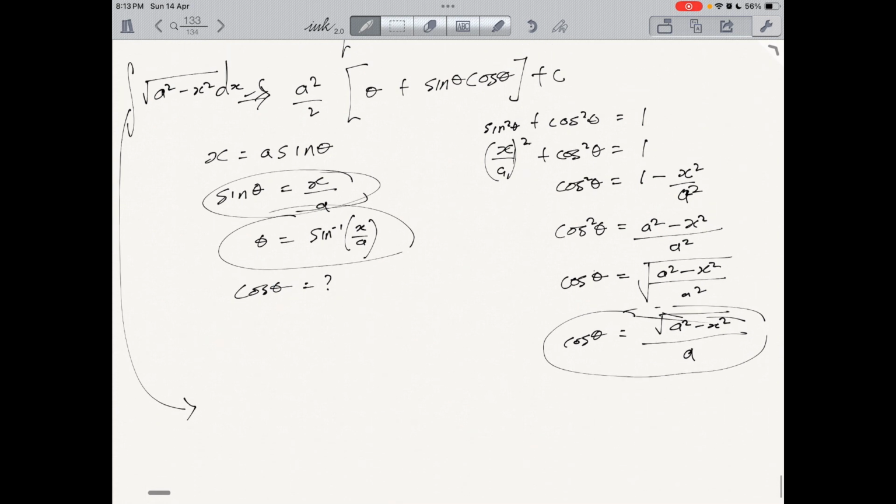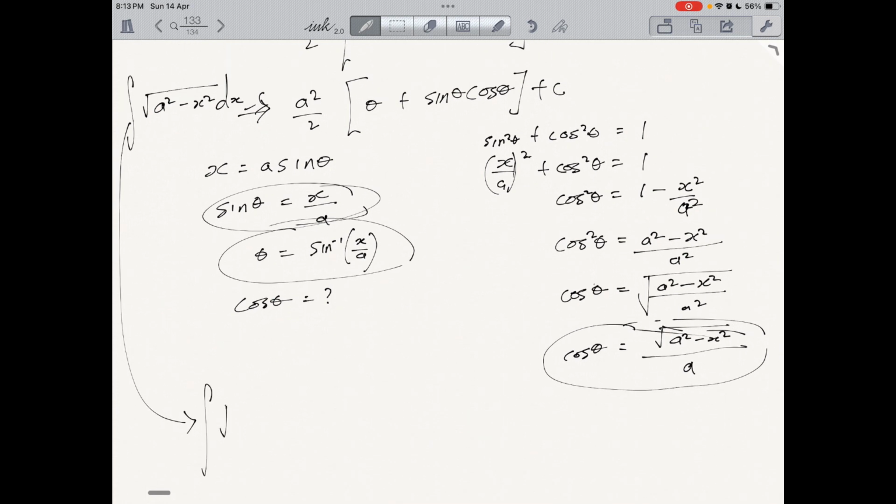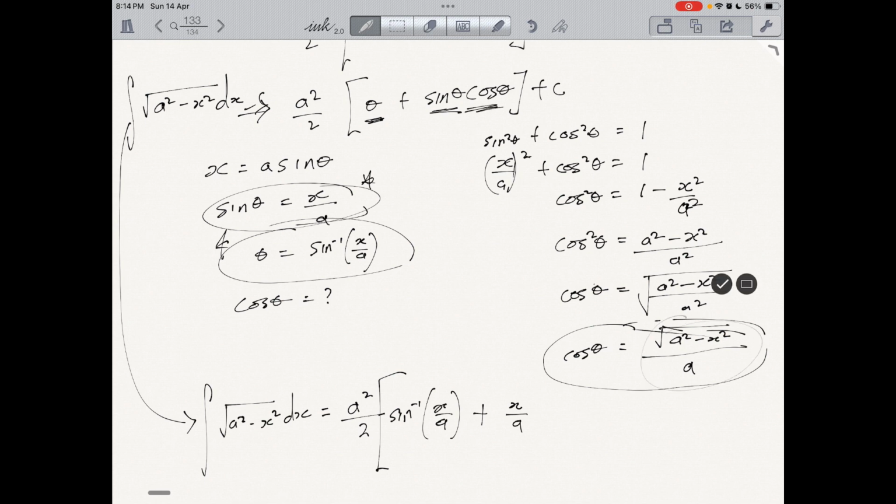And we understand that the integral of the square root of a squared minus x squared dx will be equal to a squared over 2 theta, which is arc sine x over a, plus sine theta, which is x over a, multiplied by cos theta, which is what we have here, which is the square root of a squared minus x squared divided by a, plus c.